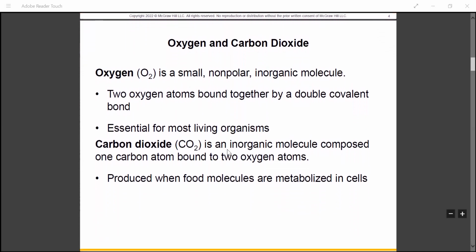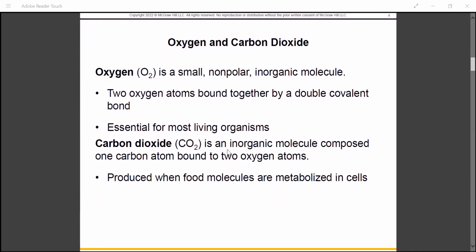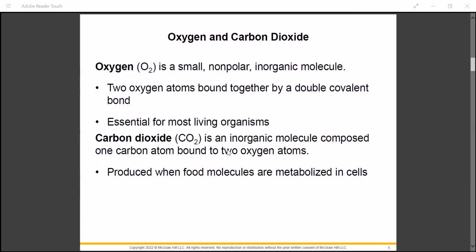Okay, so let's discuss oxygen and carbon dioxide first. So oxygen is quite a small molecule. So we have oxygen on the periodic table as a single O symbol. But when we're discussing oxygen in terms of the air we breathe, we're talking about O2. It's small, it's nonpolar, meaning it's not charged, and it's inorganic because it does not contain carbon.